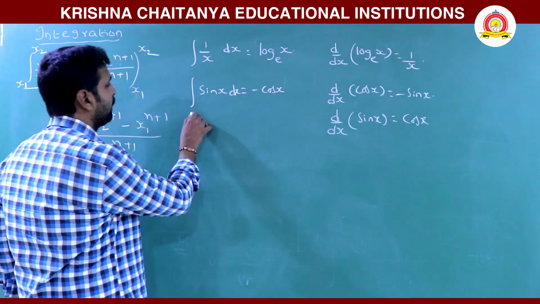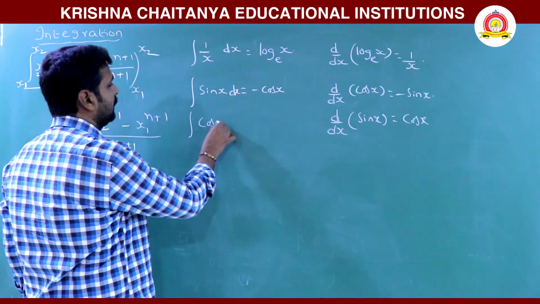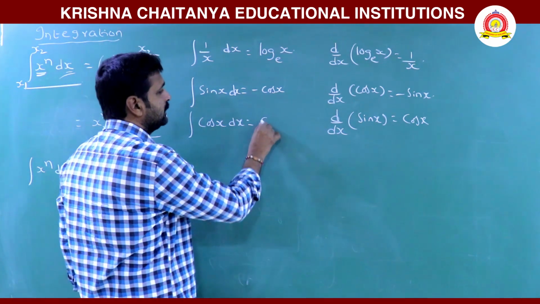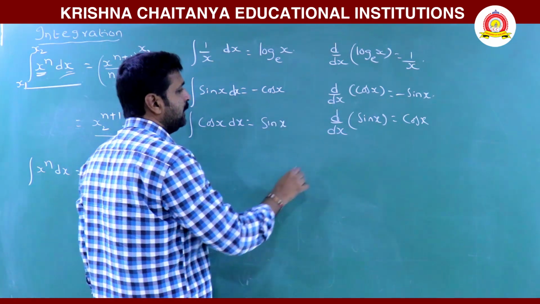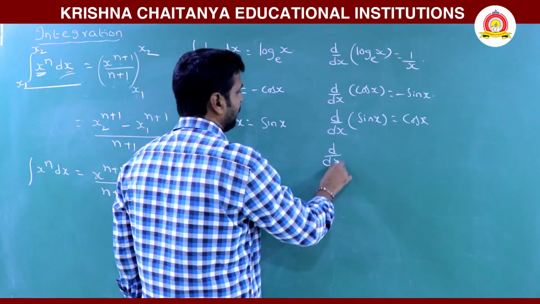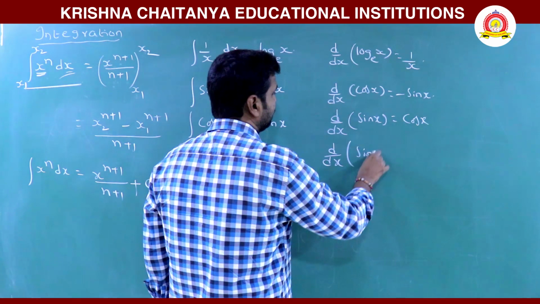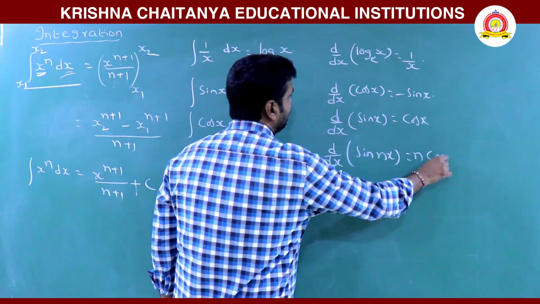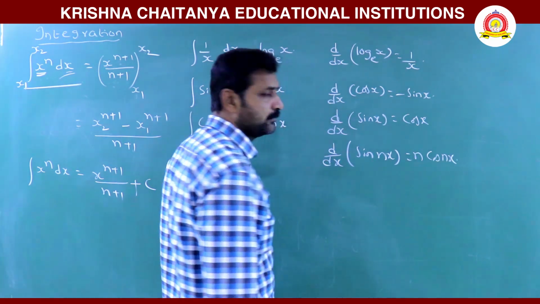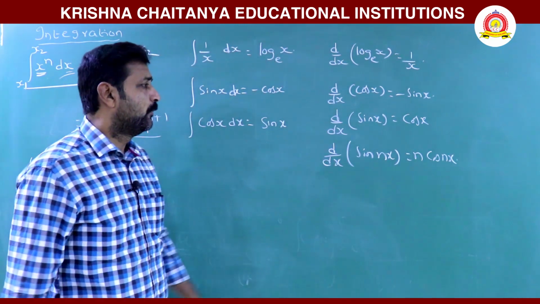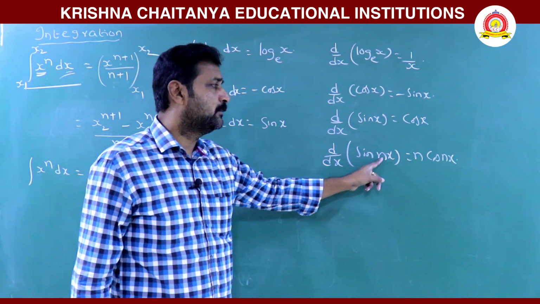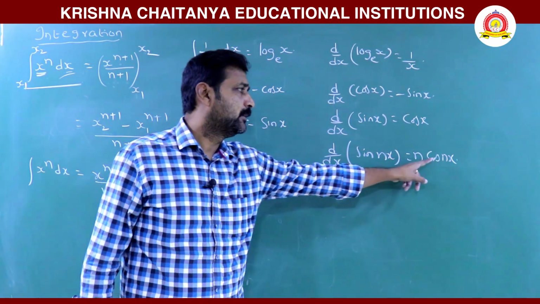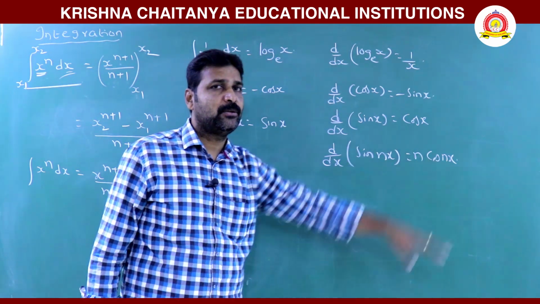So, here integral cos x dx is sin x. Similarly, d by dx of sin nx is n into cos nx. When it is multiplied by the variable, n will be brought into the front side: n into cos nx.